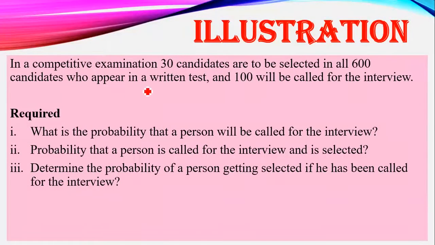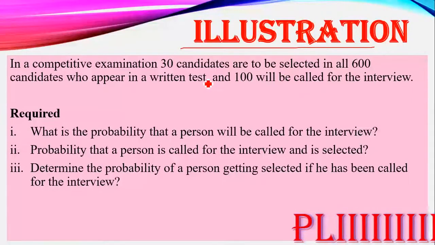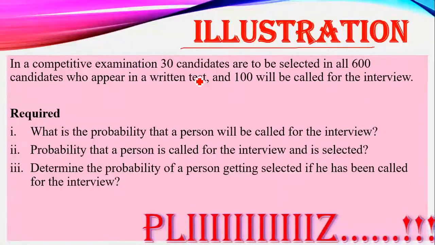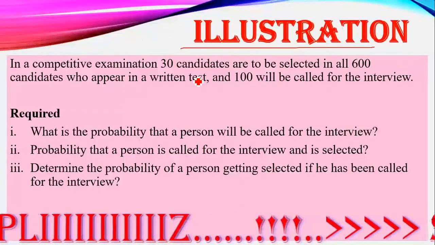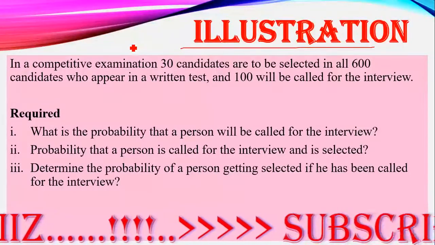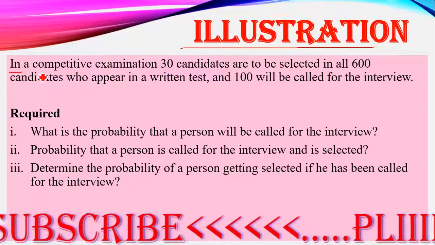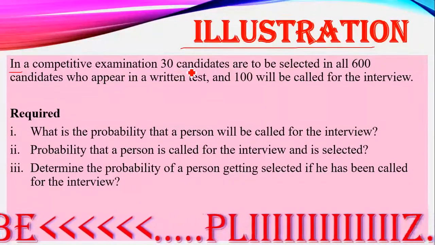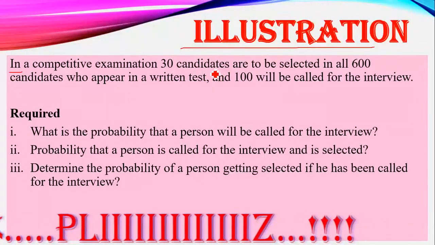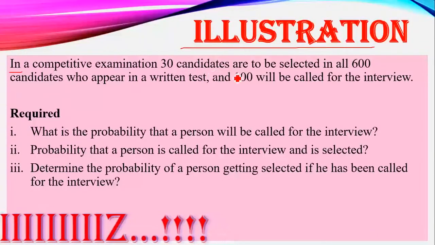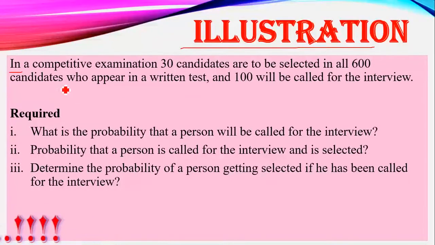Having looked at that, let's look at an illustration and see. Maybe this might be even simpler when we look at an illustration on conditional probability. You're given a question here that in a competitive examination, 30 candidates are to be selected in all. 600 candidates appear in a written test, and 100 will be called for the interview.